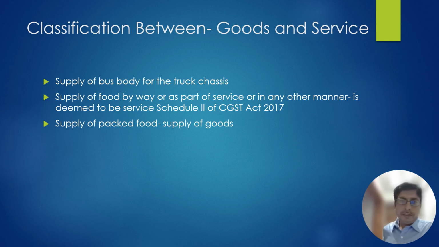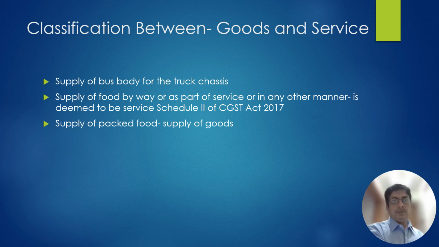This takes me to the next, the classification between goods and services. In the excise regime, there are two case laws of the Supreme Court on how to classify between goods and services. There was a truck chassis supplied, and there was a catalog available.